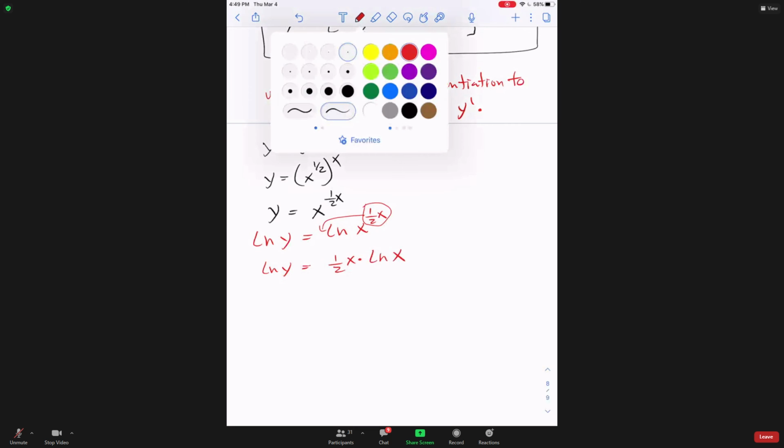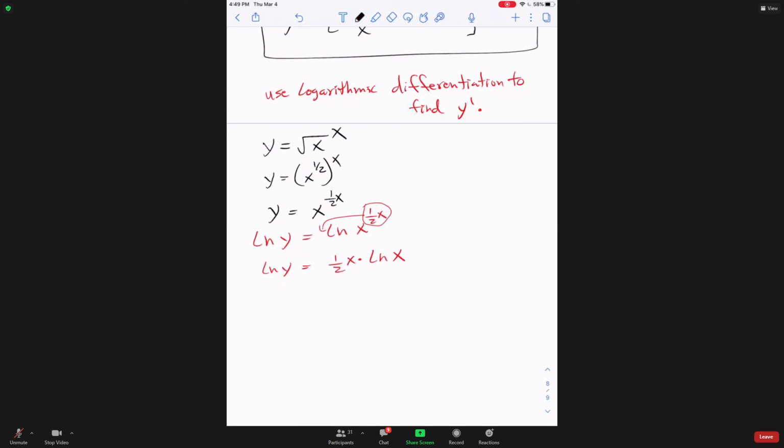Then on the left side, when you take the derivative, y goes on the bottom, y prime goes up top. And on this side, you got to use the product rule: first times the derivative of the second, plus second times the derivative of the first, which is 1/2.